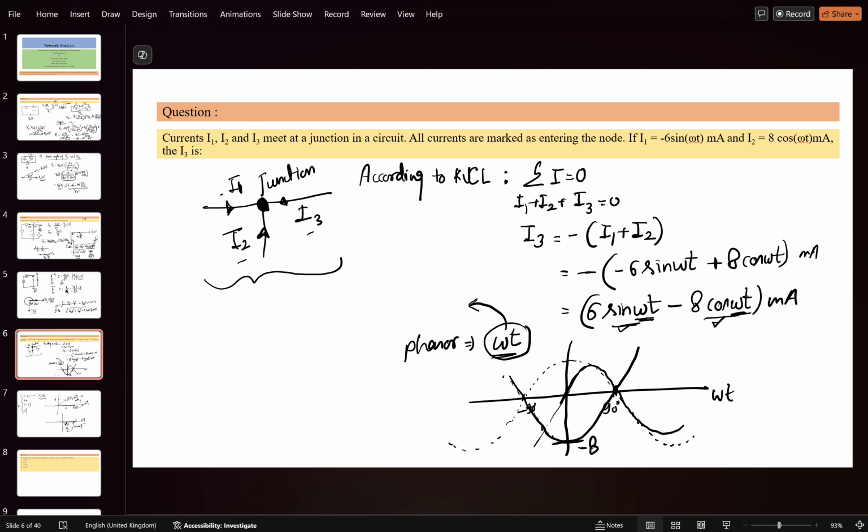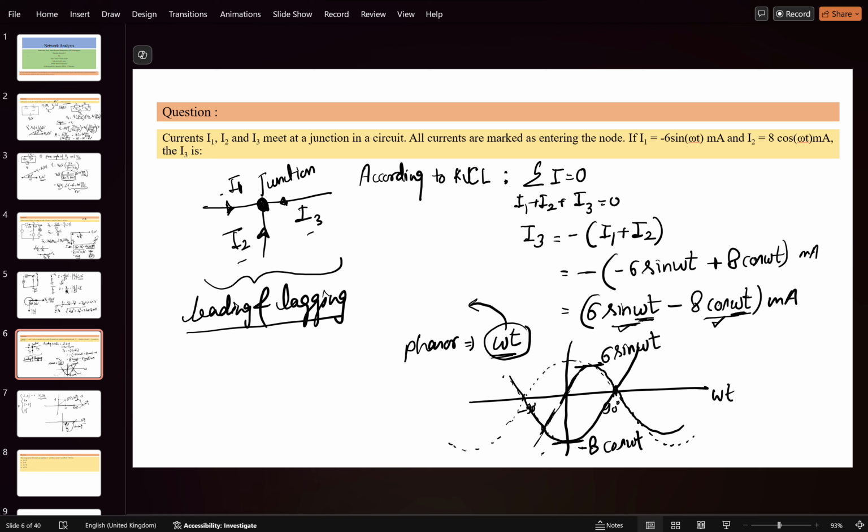So now there are two concepts: leading and lagging. How to see from the curves itself which term, which equation, this one, minus 8 cos omega t term is there, and this was the 6 sin omega t, is actually leading or lagging. Always see when the angles are increasing.